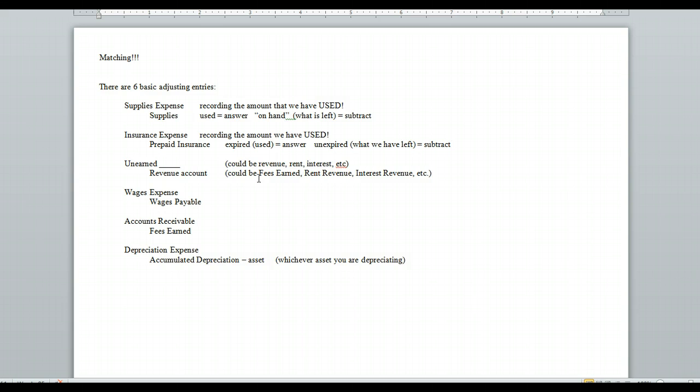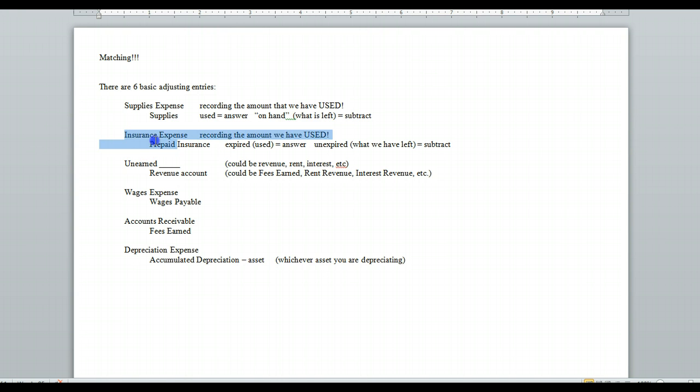You don't know how many you ate, but you know there's 3 left. If a large pizza has 8 slices and now there's 3 left, how many did you eat? You ate 5. So, same concept for figuring out how much supplies we used or how much insurance we used.